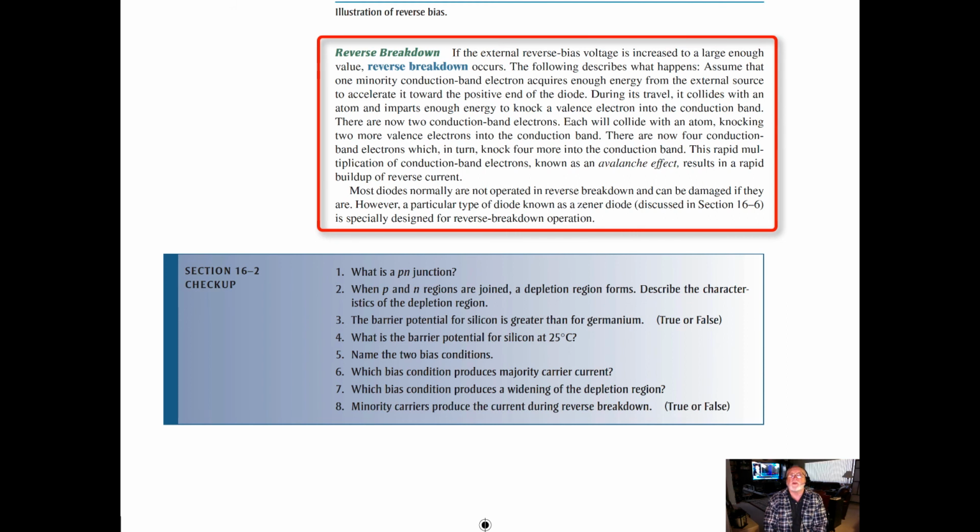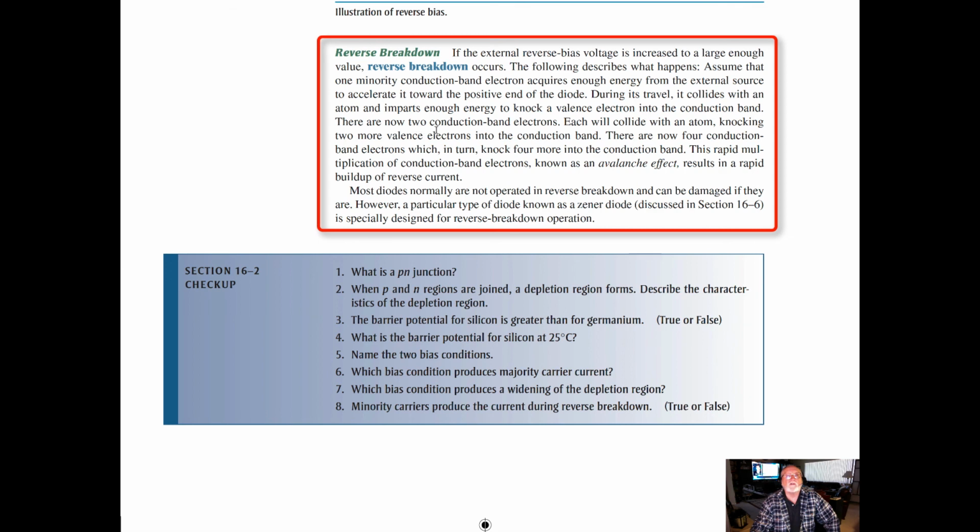The following describes it: assume that one minority conduction band electron acquires enough energy from the external source to accelerate toward the positive end of the diode. During its travel, it collides with an atom and imparts enough energy to knock a valence electron into the conduction band.